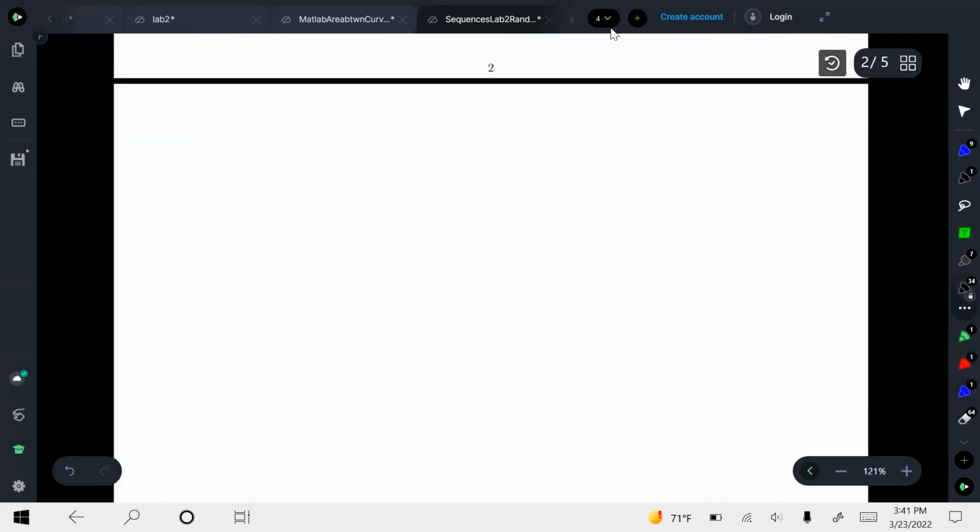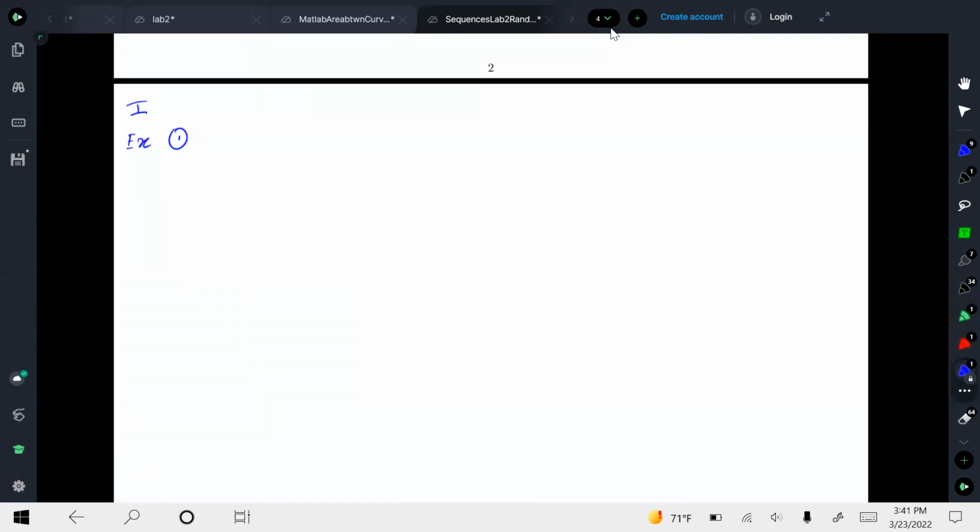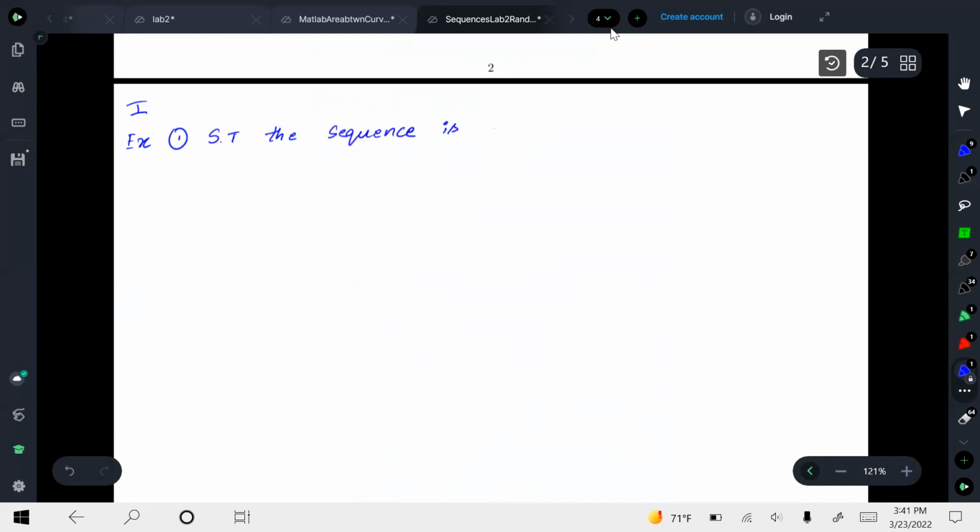Okay, let's get started with the first type, example 1. The first type was you need to show that the sequence is decreasing. The given sequence is 1 divided by n plus 1.